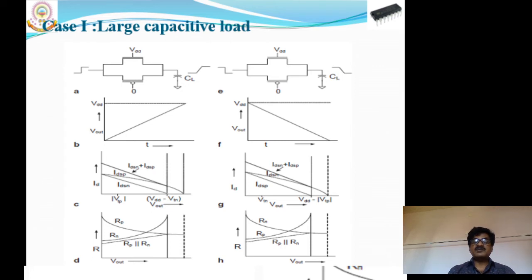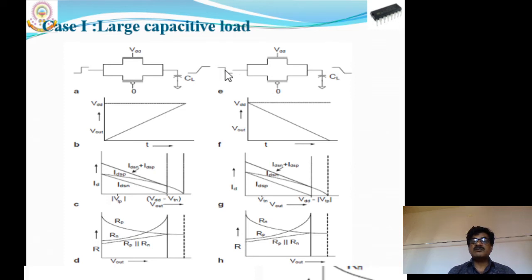under two types of transmissions. The first column of figures represents transmitting the low to high transition to the output side, whereas the second column of figures represents the transition of 1 to 0.